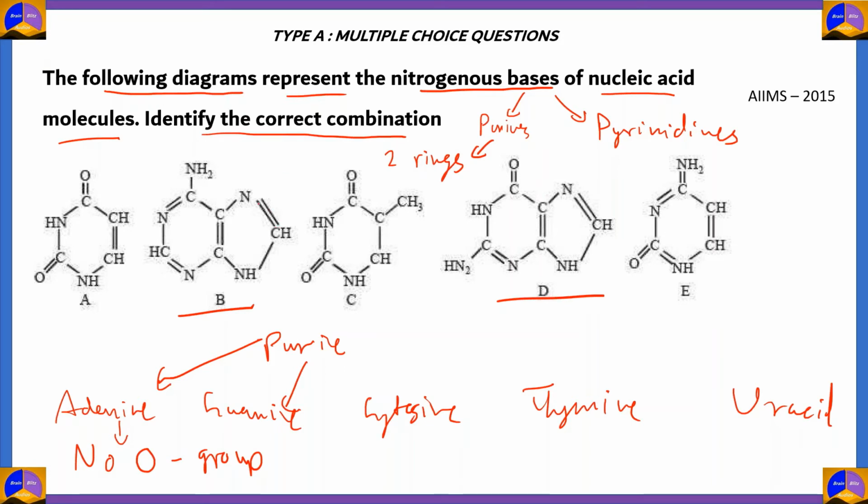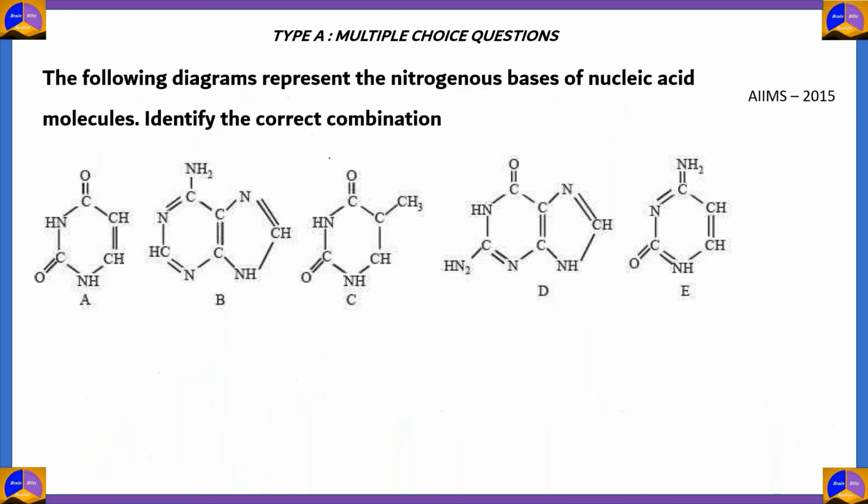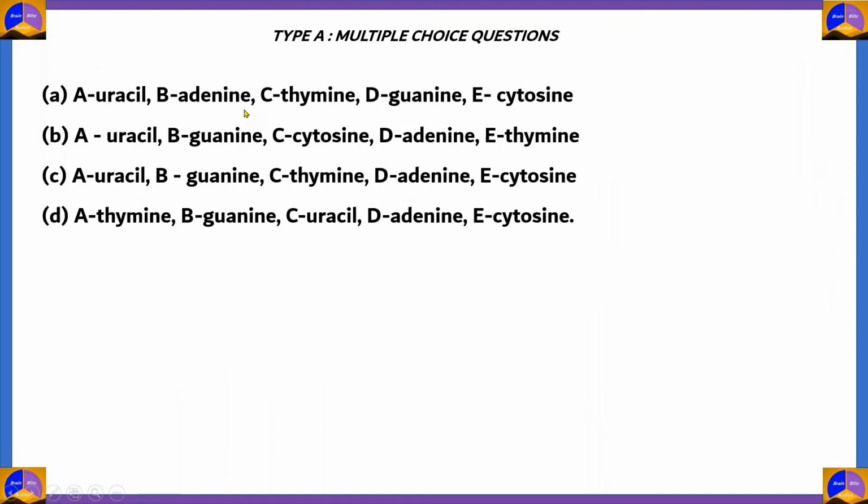So therefore, we can safely conclude that B is adenine. And when we look at our options, A, B, C, D, we find that only option A contains B as adenine. So therefore, we can safely conclude without doing much deliberation that option A is the right answer.